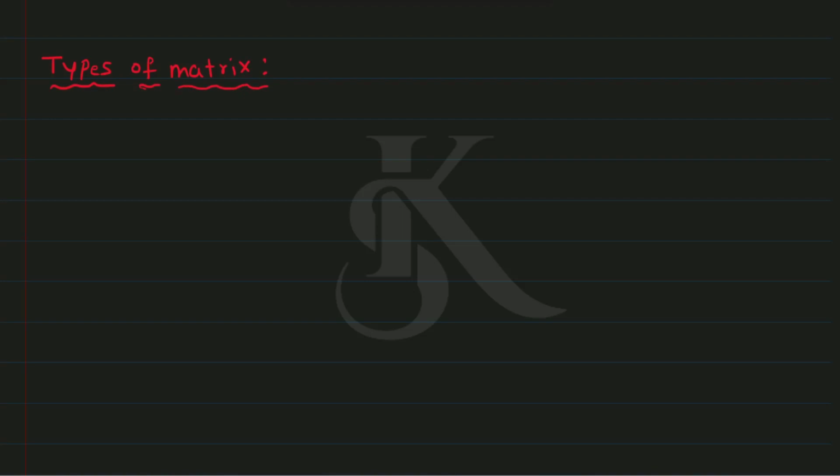The first one, square matrix. Here the number of rows and number of columns are the same, then we will call it the square matrix.